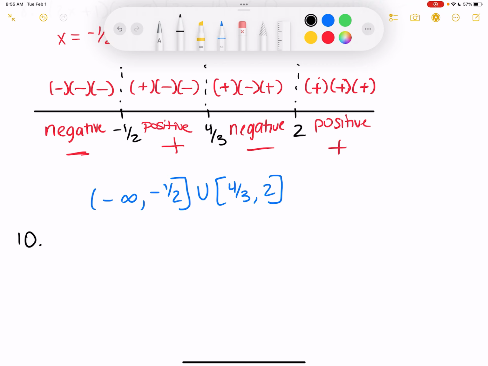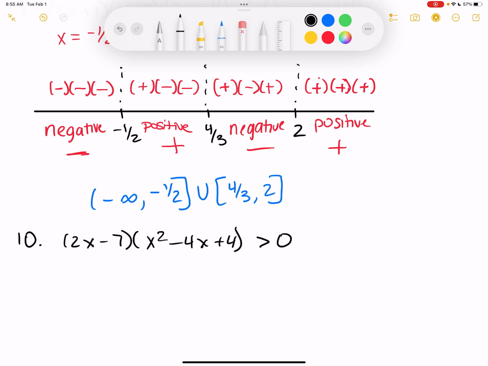All right, 2x minus 7 times x squared minus 4x plus 4 greater than 0. So this is one where they commented in the instructions you may need to continue factoring it. This is not factored all the way for you. Okay?